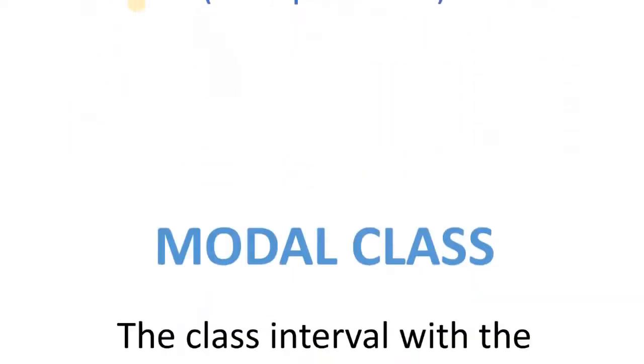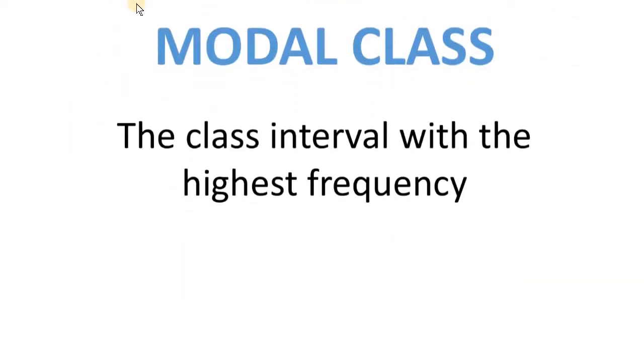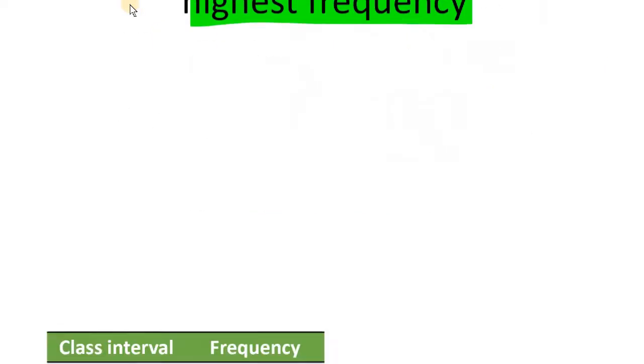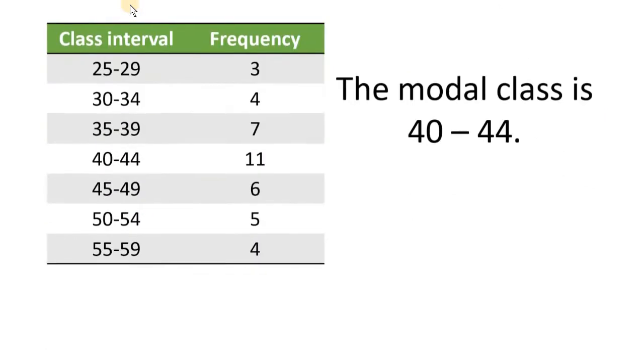So we continue. First we're going to see the meaning of modal class. Modal class is actually the same as the mode in ungrouped data. That means it is the class interval with the highest frequency. For example, this table is a frequency table.